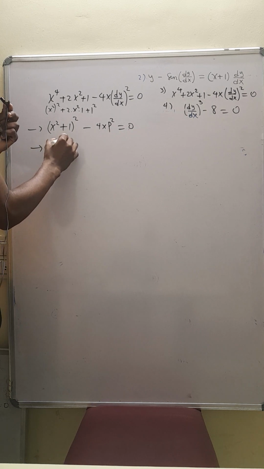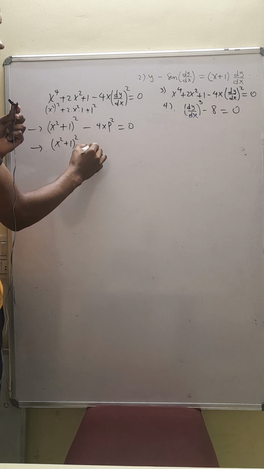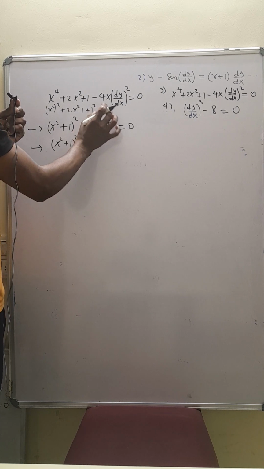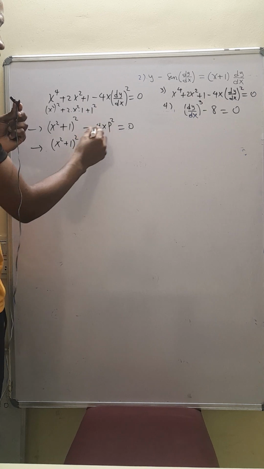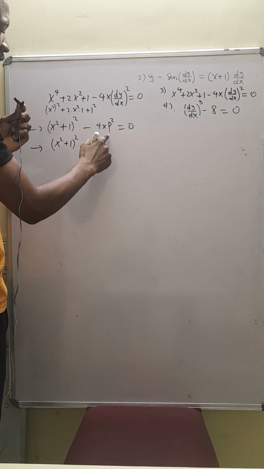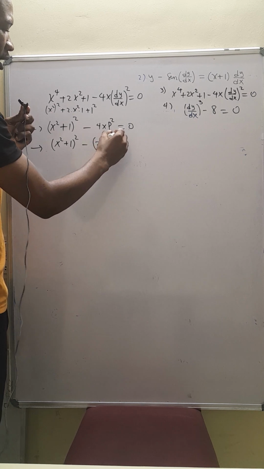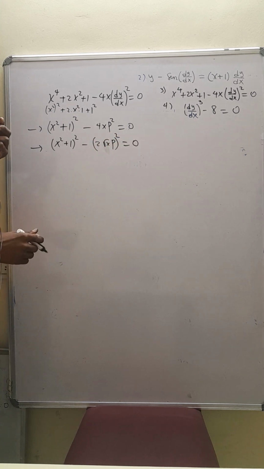Now, x squared plus 1 is a square, minus, and I have to convert this one into a square also, so 2 root x p, squared, is equal to 0.